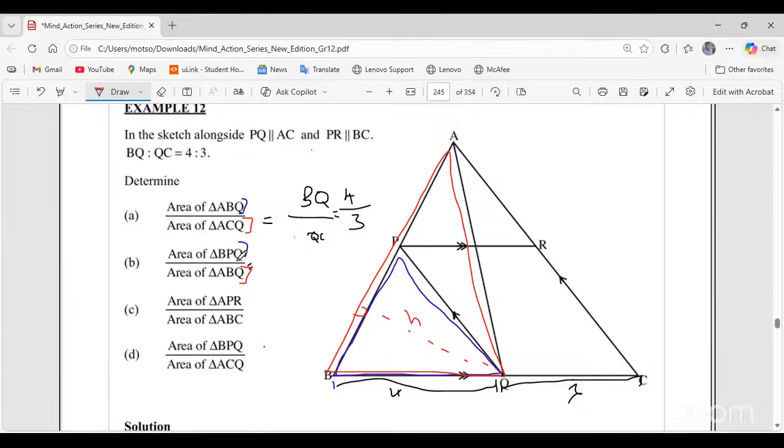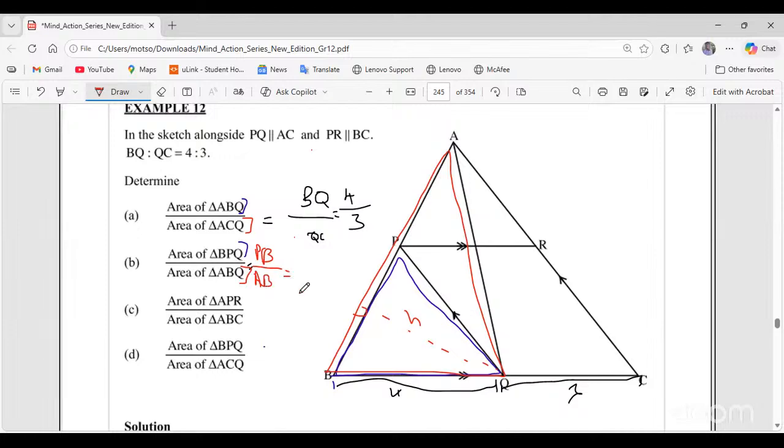Now, what is the base of the triangle BPQ? The base of BPQ is going to be PB, all over the base of triangle ABQ, which is going to be AB.